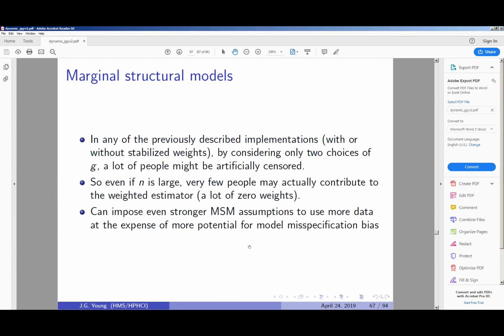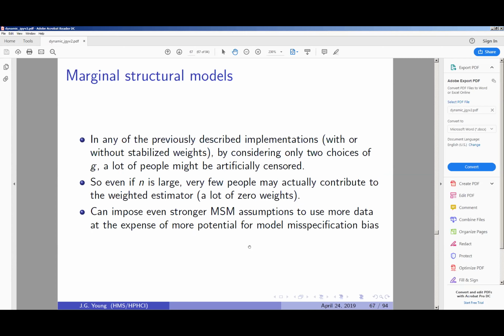Okay, so we talked a little bit about the need for a marginal structural model when we want to stabilize the weights better using functions of V in the numerator. But there are other reasons we might consider marginal structural modeling beyond this. When we only consider two choices of G, a lot of people might be artificially censored. There may be many, many people out of the original N subjects who aren't following either of those strategies, because this study was not designed to answer any one question.